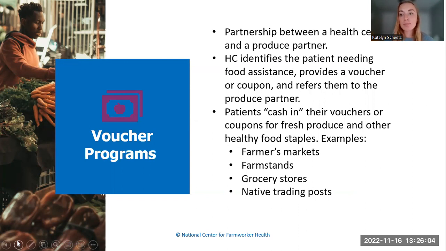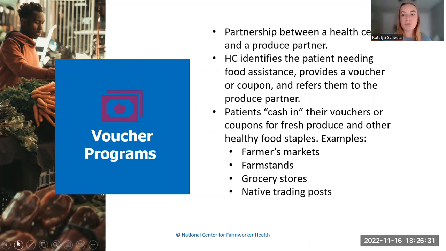So at the base of any Food Rx or prescription produce program is the health center and usually some sort of produce partner. Usually the health center isn't able to do it all on their own. And the produce partner will vary, right? Sometimes it's a food bank, sometimes it's a farmer, sometimes it's a community coalition.